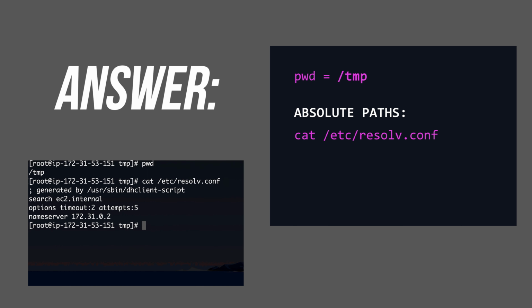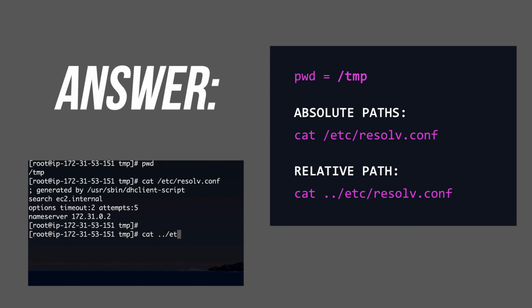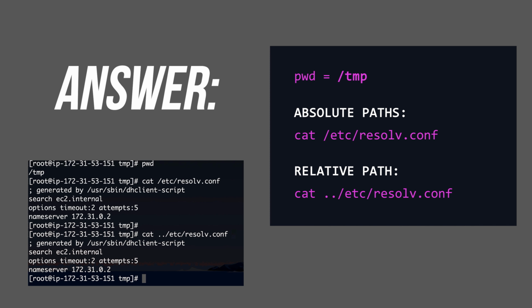This is going to be the answer for the absolute path. For the relative path, it will be cat ../etc/resolv.conf. Why? Because dot dot is going to take me 1 directory back, which is basically it will take me to root directory, and inside root directory I have an etc folder, and inside etc resolv.conf file.